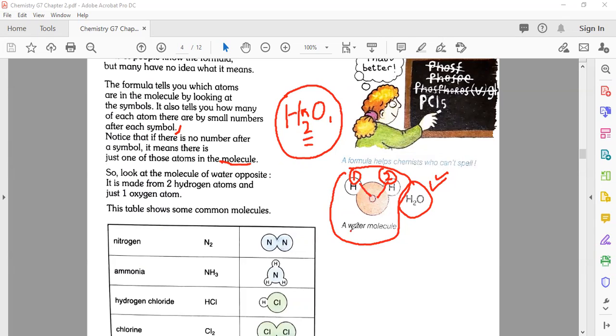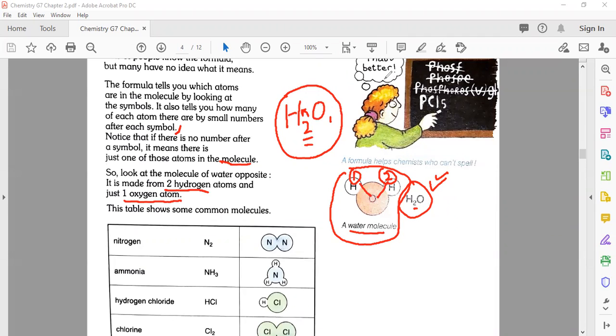Look at the molecule of water opposite. It is made from 2 hydrogen atoms and just 1 oxygen atom. We know that because you can see 2 after the H, meaning 2 hydrogen atoms, and nothing after O, meaning only 1 atom of oxygen.